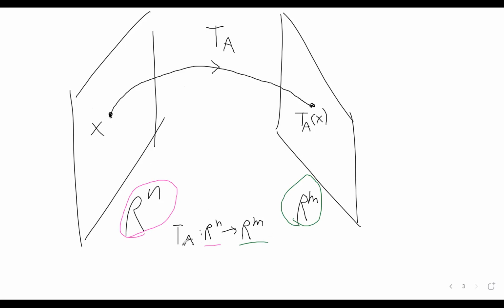The T sub A is just the name of the function, and it's a function with that name that maps arbitrary points in Rn to points in Rm. Okay, this notation though doesn't fully describe the function. This notation is not meant to tell you exactly what the function is. It's telling you information about the function, but it's not completely describing it.